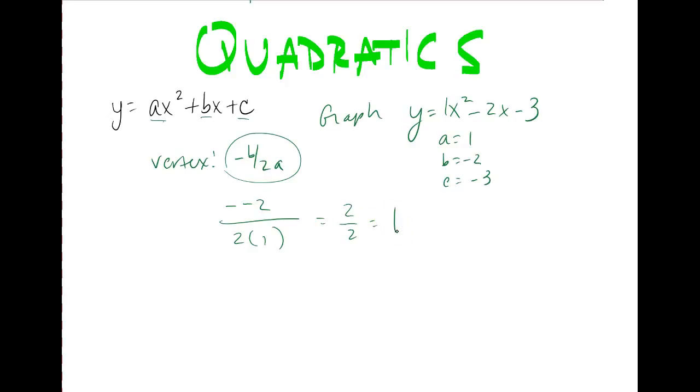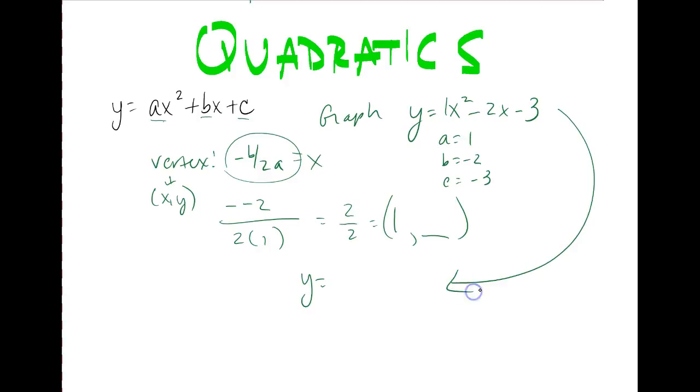So this number 1 is interesting. It's not your final answer because a vertex is a point, guys. It's an x and a y. When you run this formula, what you have just found is the x value only. Now, to find that y value, you might wonder if there's another formula. Well, no, there's not. You take the answer that you just got for x and plug it into the original function.